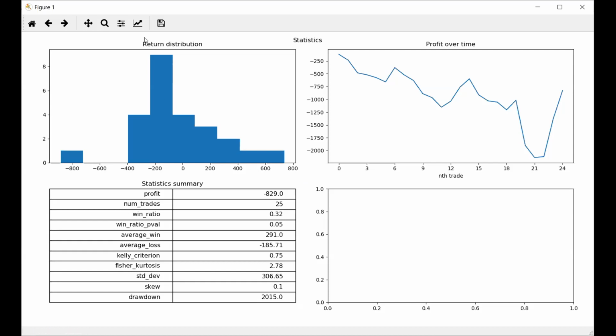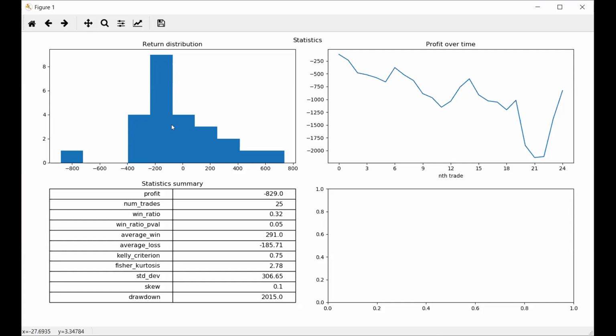Let me go over what this graph is. This is the return distribution. Every trade is logged, so right here, this is one trade that lost us $800. Does that make sense? The x-axis is the amount gained or lost, and the y-axis is the number of trades, the frequency.